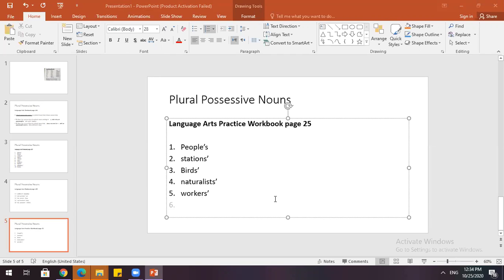Okay. The cargo of tankers. It will be tankers' cargo. The cargo that belongs to the tankers. Tankers, apostrophe. Okay. All right. Number 7.